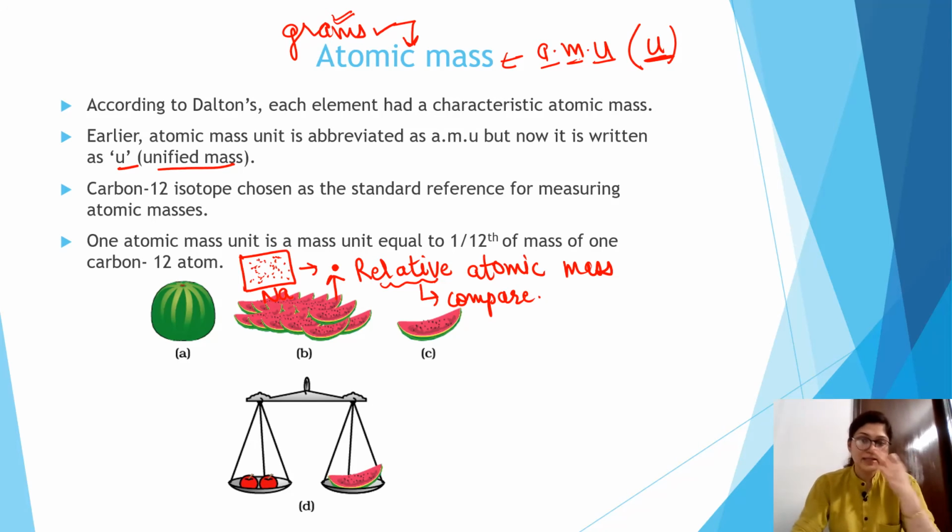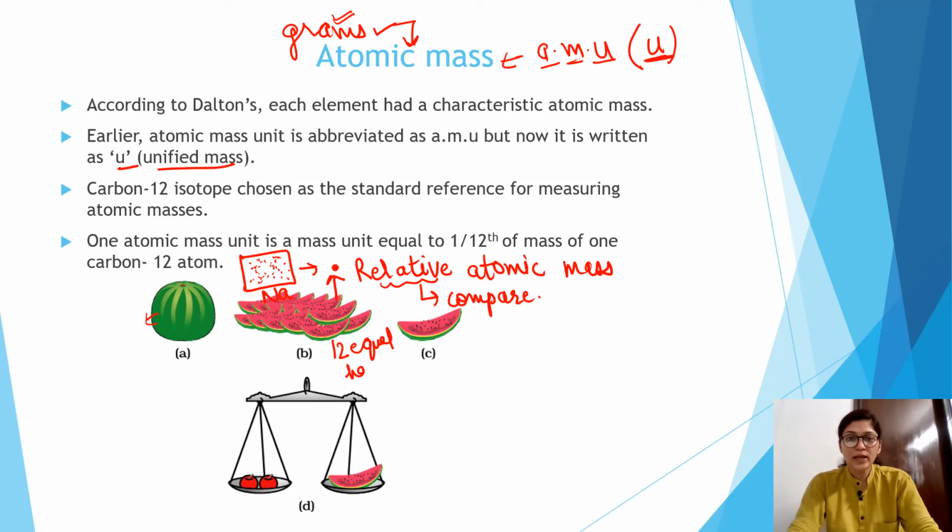Let us take an example to understand this relative atomic mass term in a more simplified way. If your mother brings a watermelon, and in your family you have 12 members, then what does she do? She just cuts the watermelon into 12 equal parts.